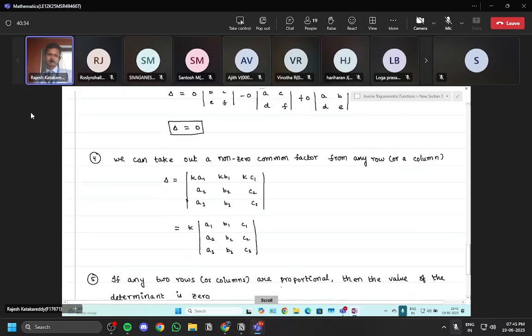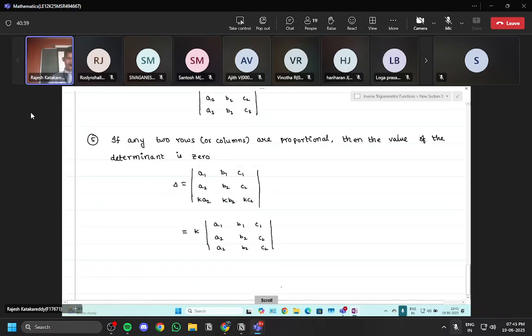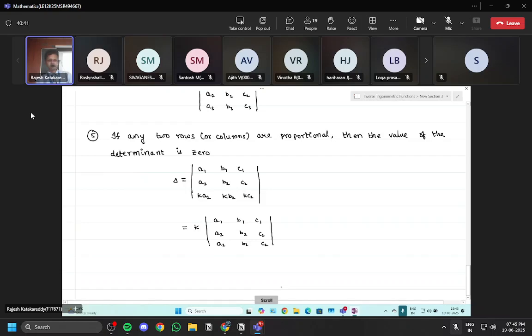In this case, if I'm expanding here, K is staying out. A1 into determinant of B2, C2 and again B2, C2.